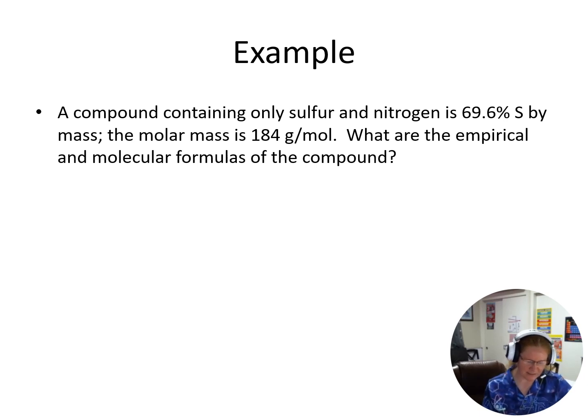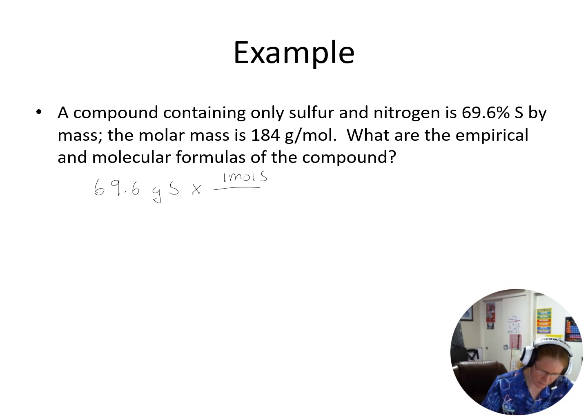So I'm going to take my mass percent sulfur, 69.6 grams of sulfur, 1 mole of sulfur, and 32.07 grams of sulfur. I get 2.17 moles of sulfur.